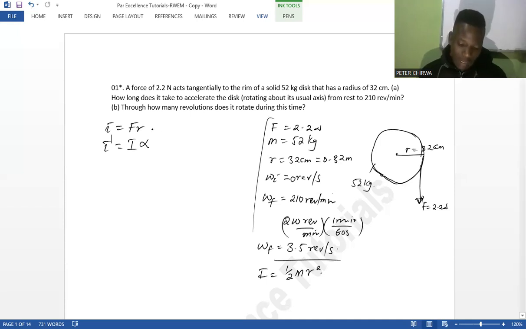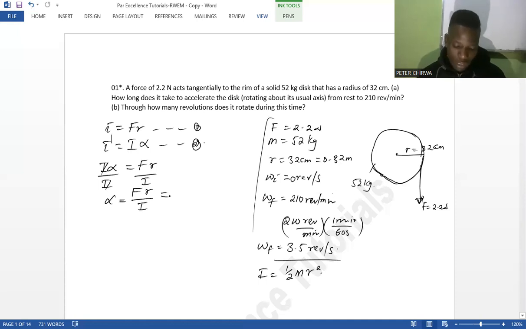So when you look at these two equations, equation 1 and equation 2, you're going to notice that these equations are equal. All of them are for torque. So we equate the right-hand sides of this equation, and we're going to have inertia times alpha being equal to force times perpendicular distance. So now we divide by inertia both sides, and we are going to have angular acceleration being equal to force times radius over inertia.